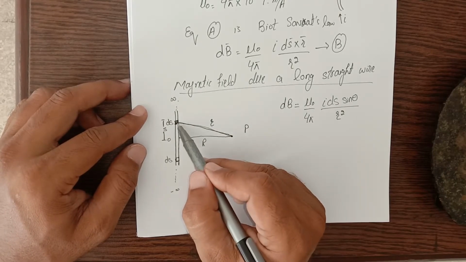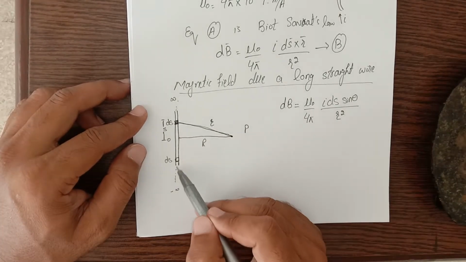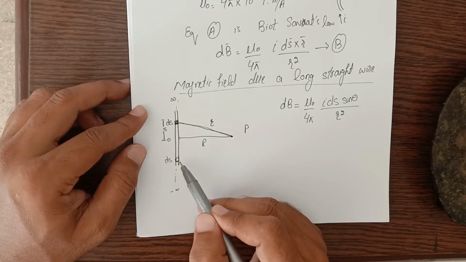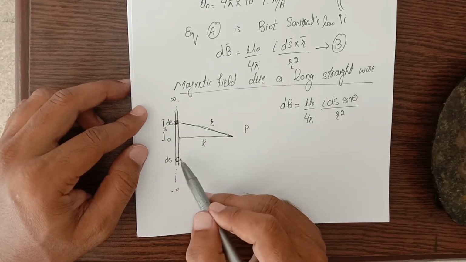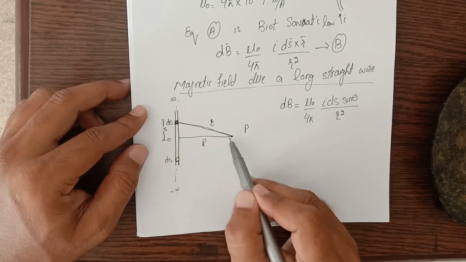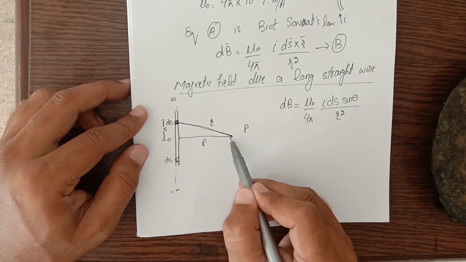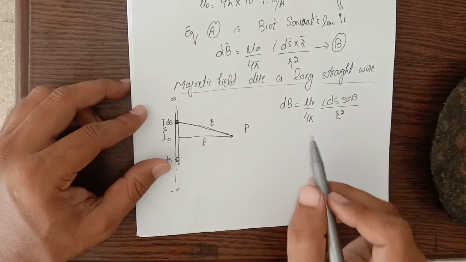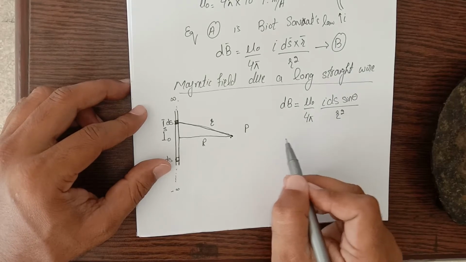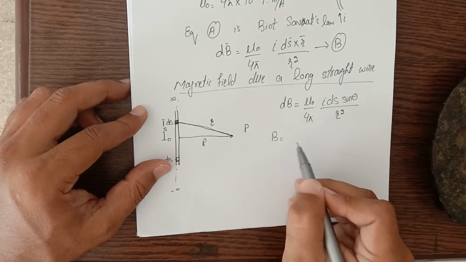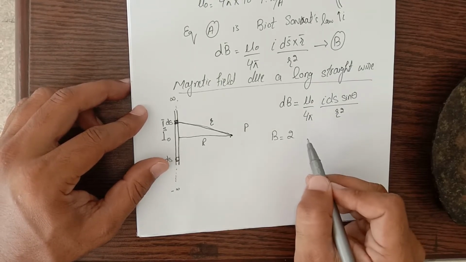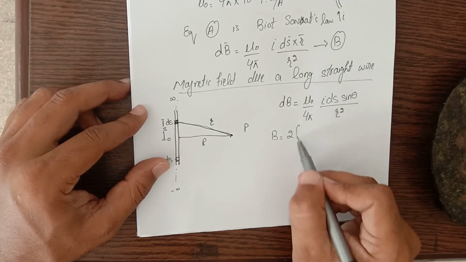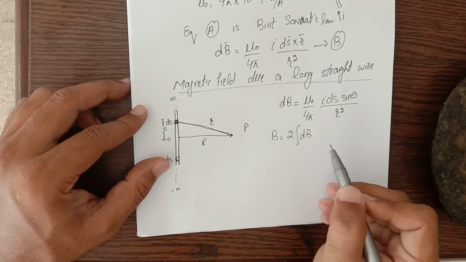The difference is that one is along the positive y direction and the other along the negative y direction. So I will consider the magnetic field at this point due to this element as well. So my dB total would be, due to these two differential elements, 2 times dB.